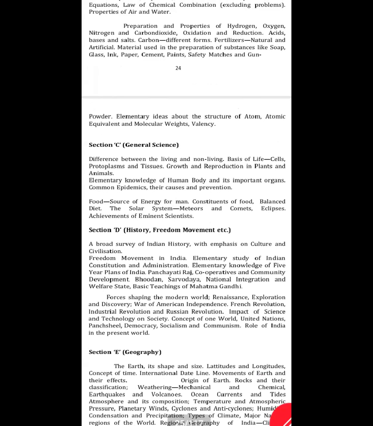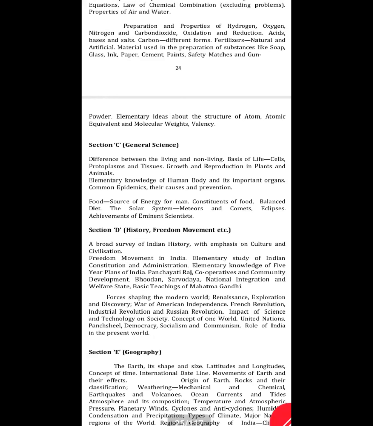We can see the difference between the living and non-living, the basis of life, beginning with cells, protoplasm, tissues, growth and reproduction in plants and animals, elementary knowledge of the human body, its important organs, common epidemics, their causes and prevention, then food, source of energy for man, constituents of food, balanced diet, then the solar system, meteors and comets, eclipses, and achievements of eminent scientists.